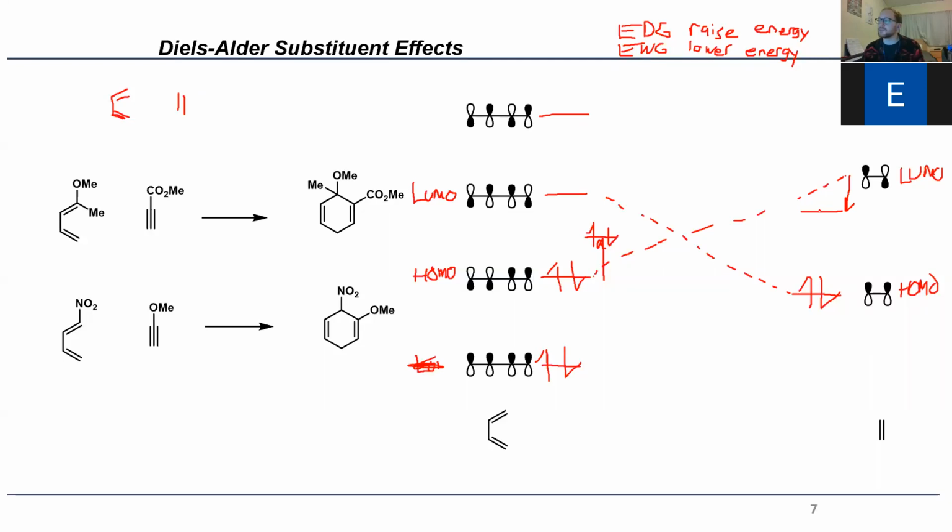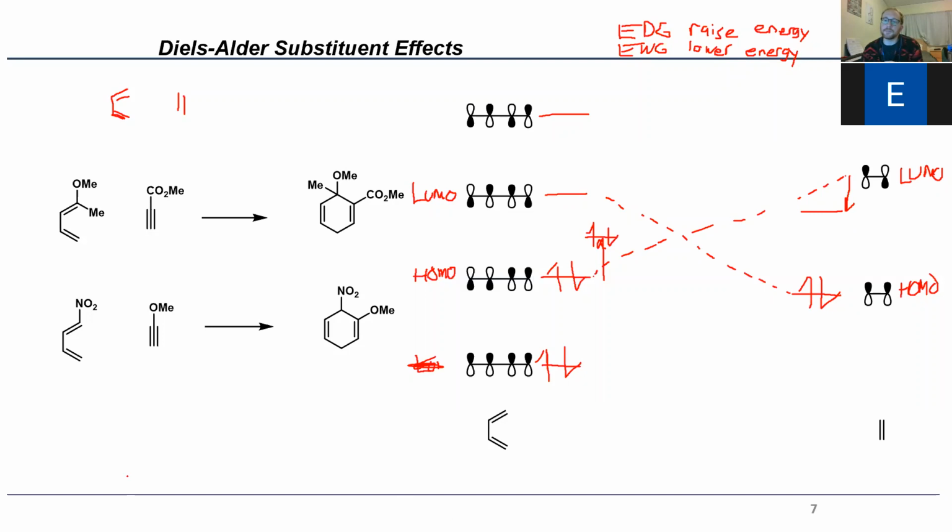And you can also think about doing this the other way around. So you could raise, by putting electron donating groups on the dienophile, you could raise the energy of the HOMO, and with electron withdrawing groups on the diene, you could lower the energy of the diene LUMO. So both these strategies can be used to gain better reactivity, or gain more efficient reactivity.